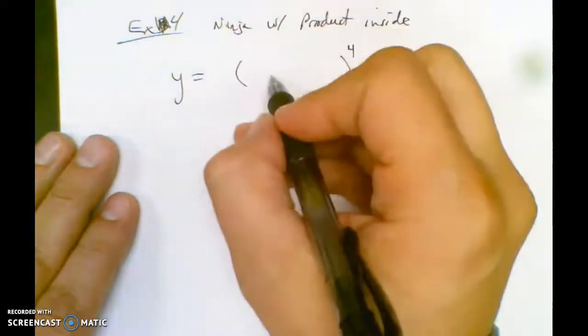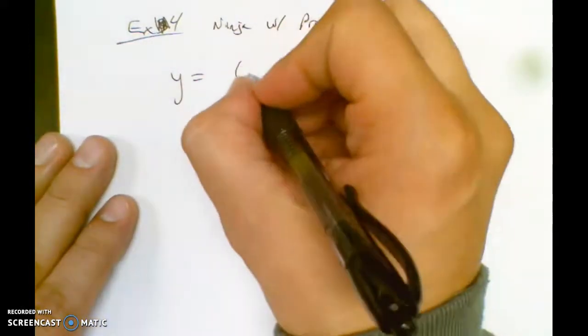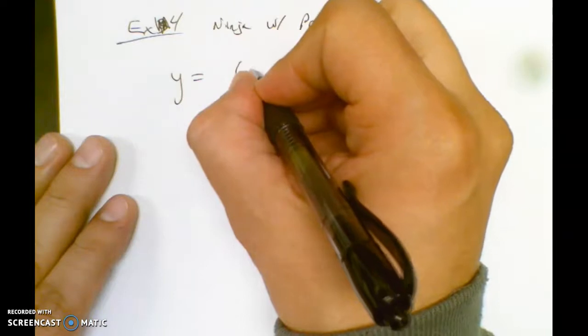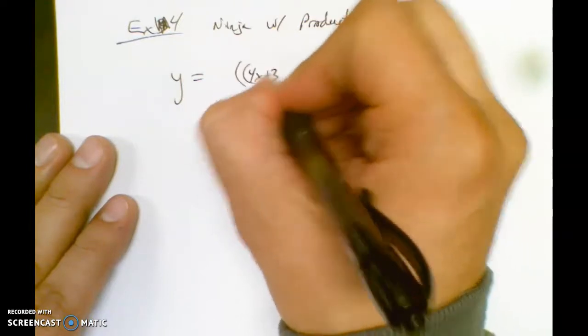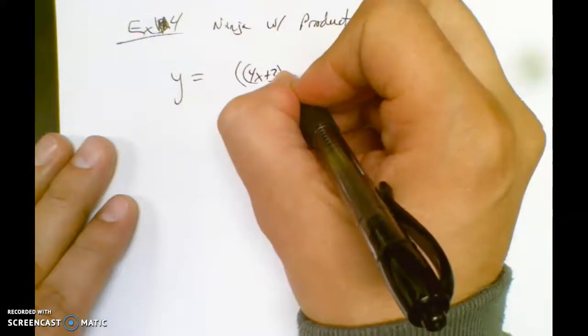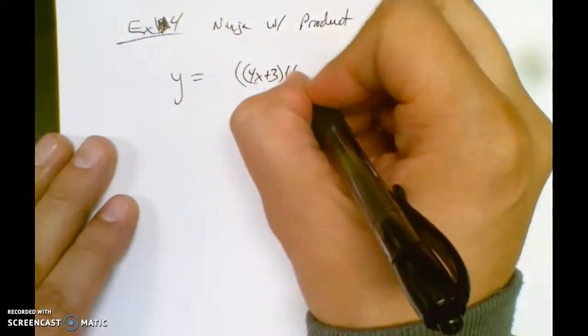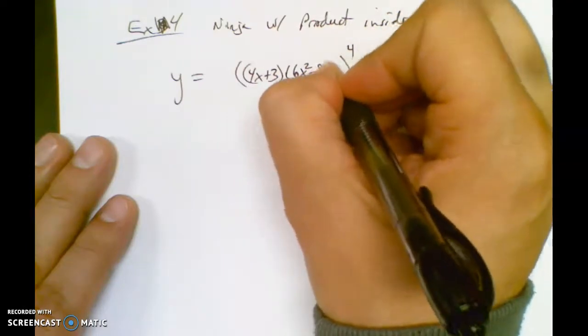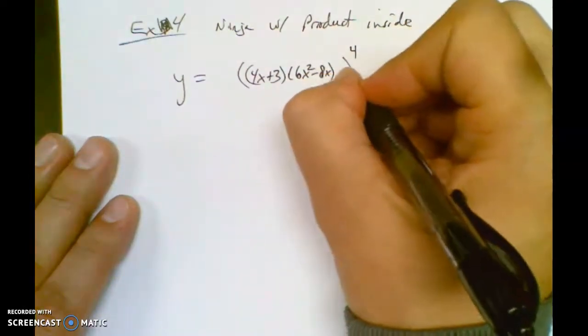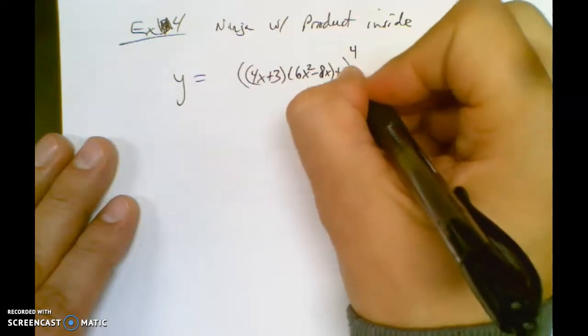And then I'll have a product rule inside. So maybe I'll have 4x plus 3 times 6x squared minus 8x, and then I'll put a plus 1.